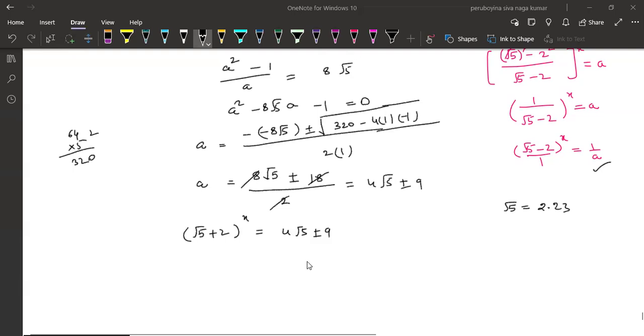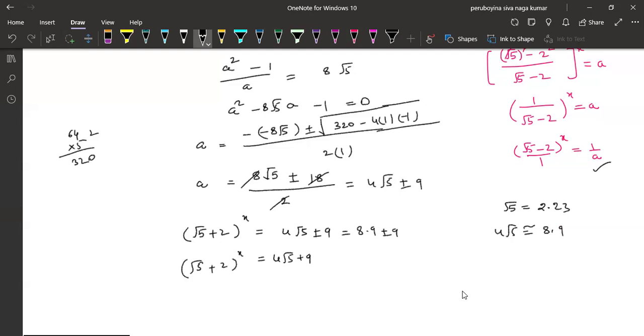If you check the 4 root 5 value, it is approximately 8.9. So 8.9 plus or minus 9: power x should not be negative. So only 4 root 5 plus 9 is valid, minus 9 is not valid.